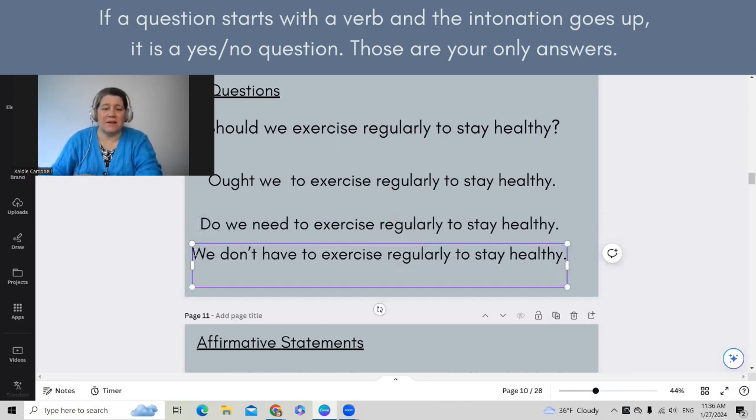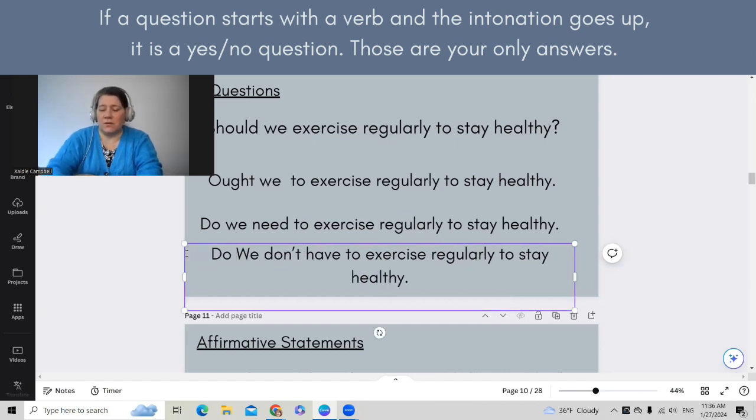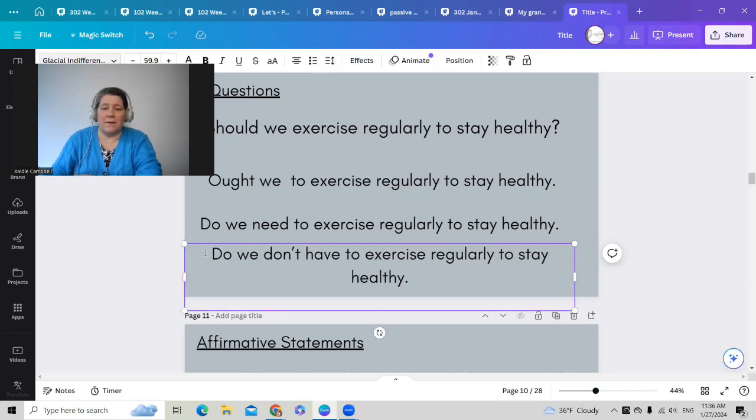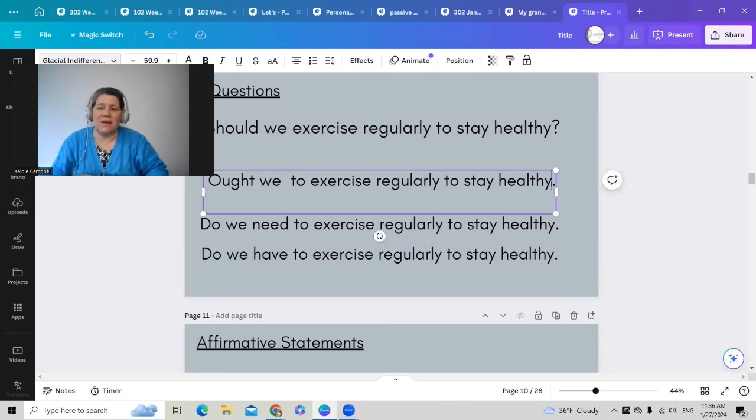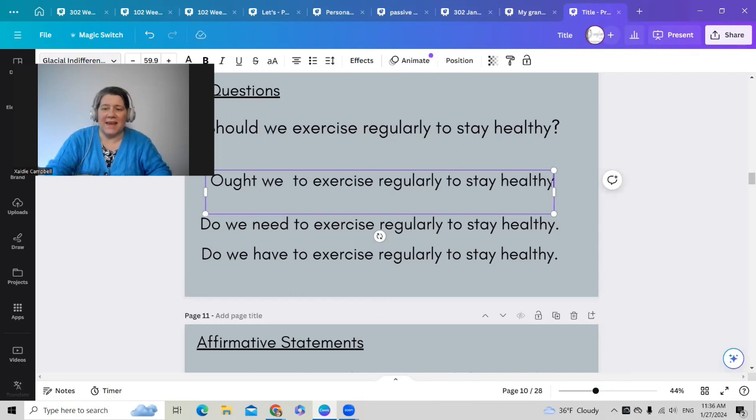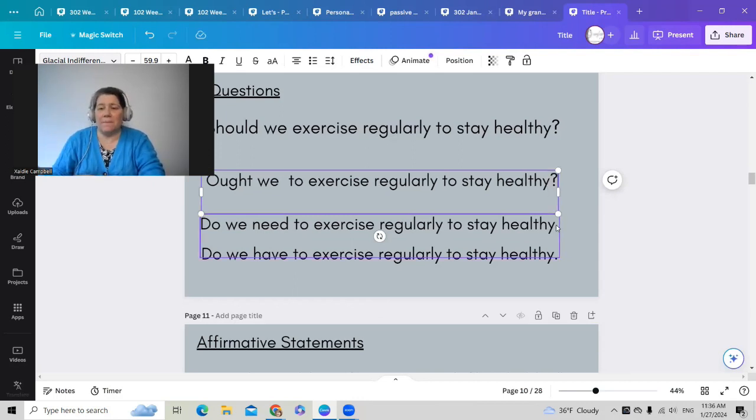I would say, do we have to exercise regularly to stay healthy? And these are all questions because they start with verbs and the answers are yes or no. Okay? The answers are yes or no.